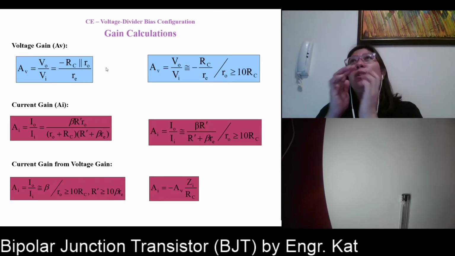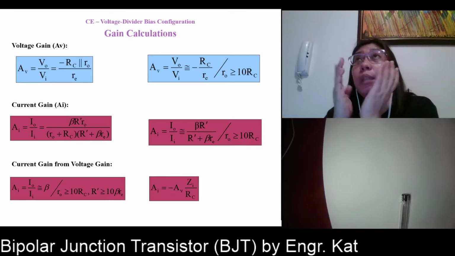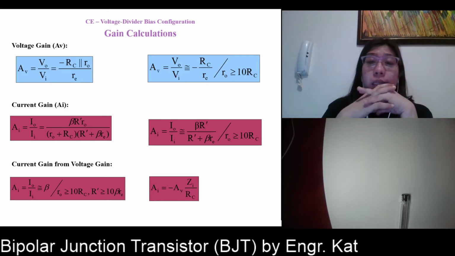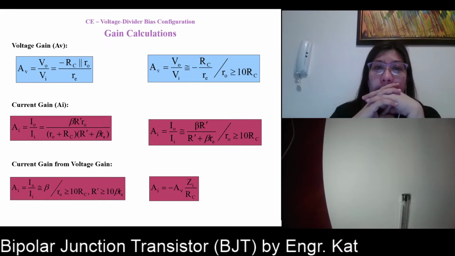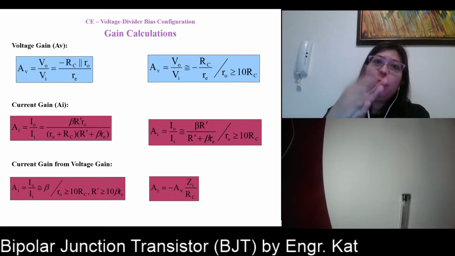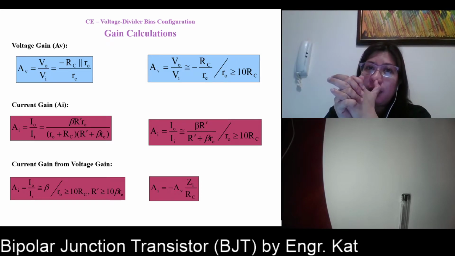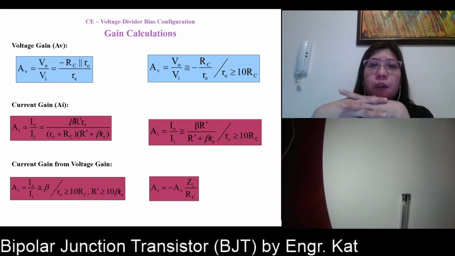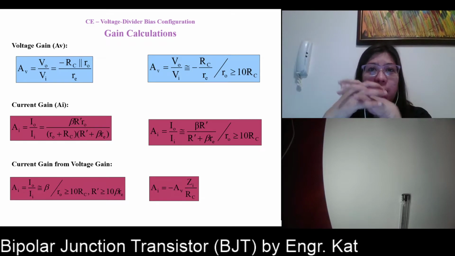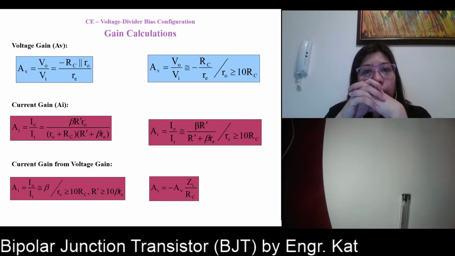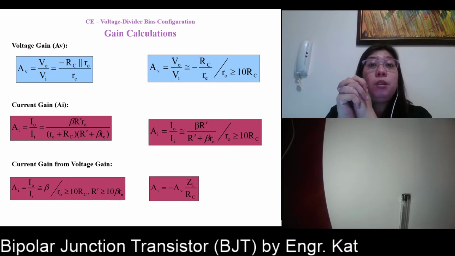So what did we notice here? In the DC analysis, we said that among the different configurations, we do not want the fixed bias configuration, because among the four different types of common emitter, it is the most unstable, while the voltage divider is the most stable.